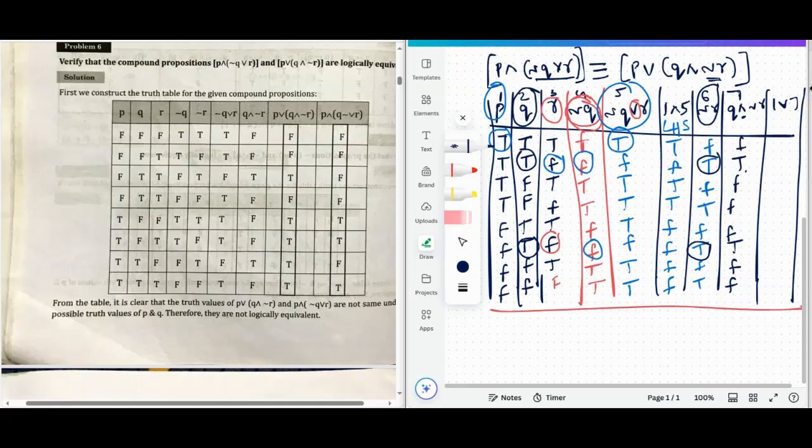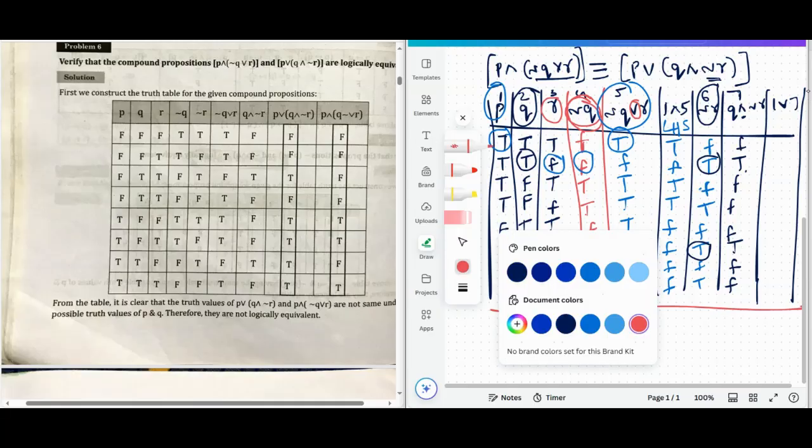Now we'll check for last condition, that is first and seventh one.